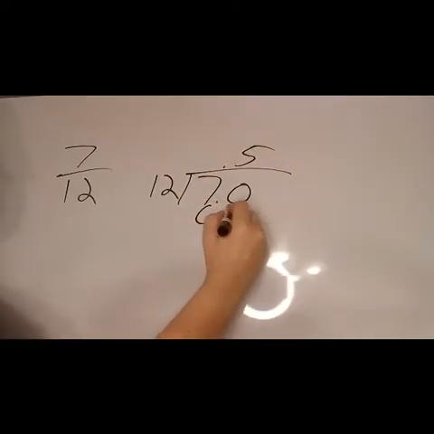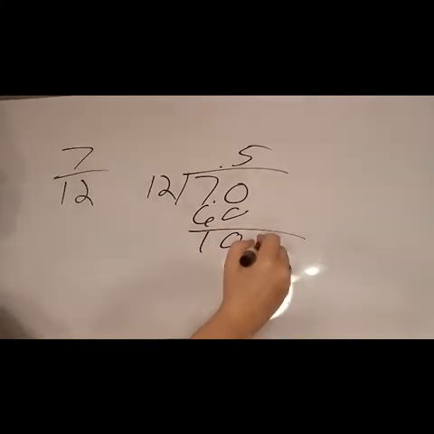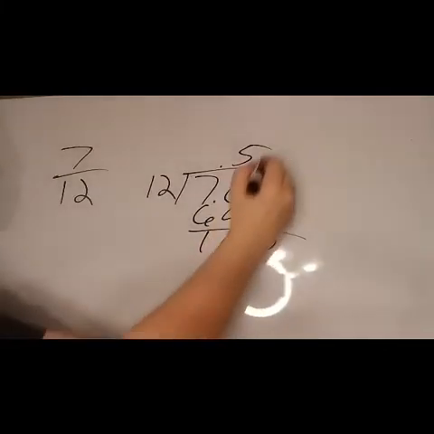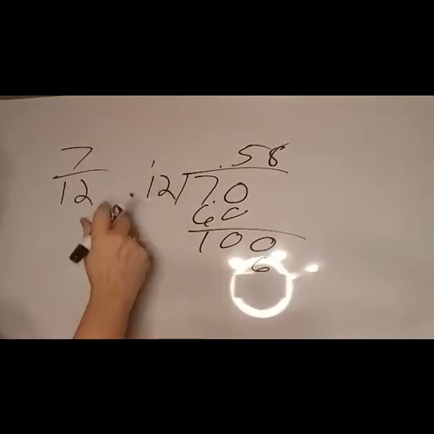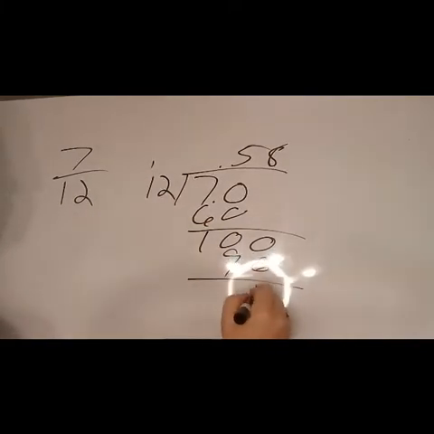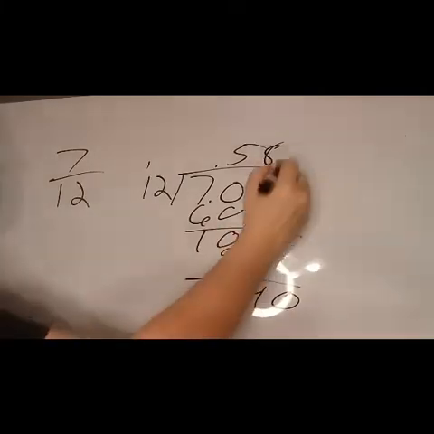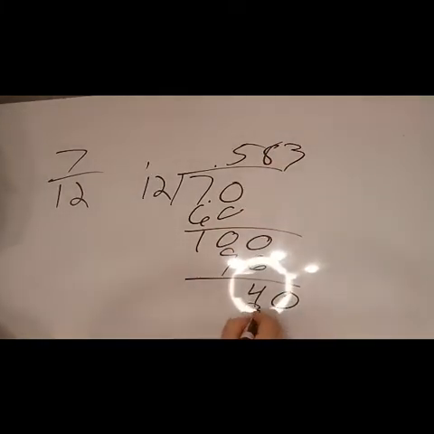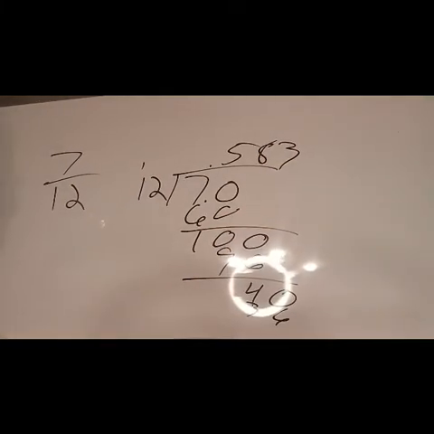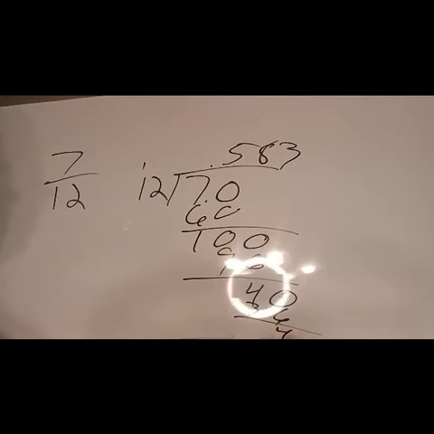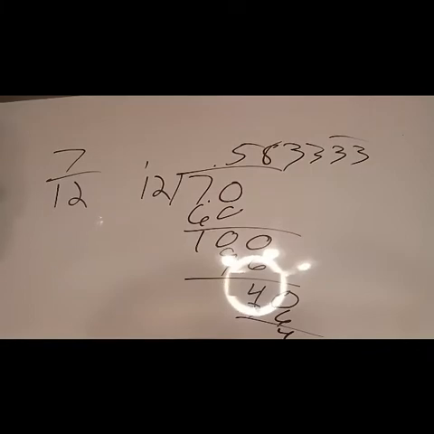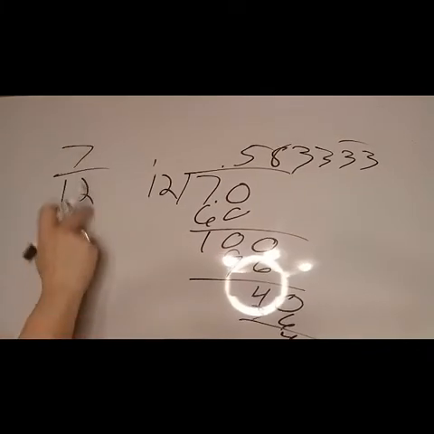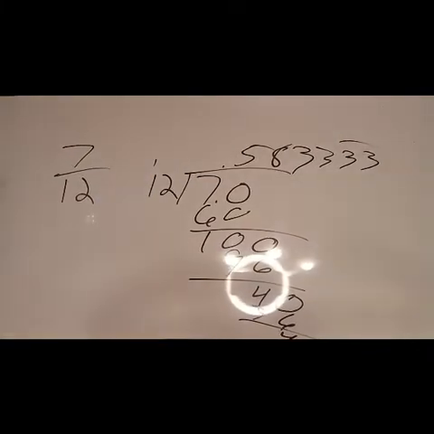That'll give us 60. 100 gives us 8. 8 times 12 is 96. Now we've got 40. 3 will give us 36. That's going to give us 4, and we're going to repeat this 3, 3, 3. So 7/12 is 0.583 repeating.